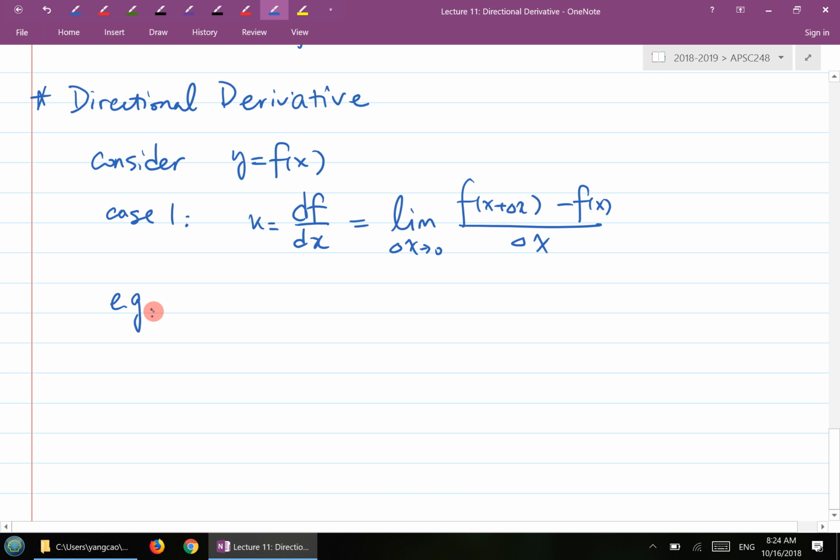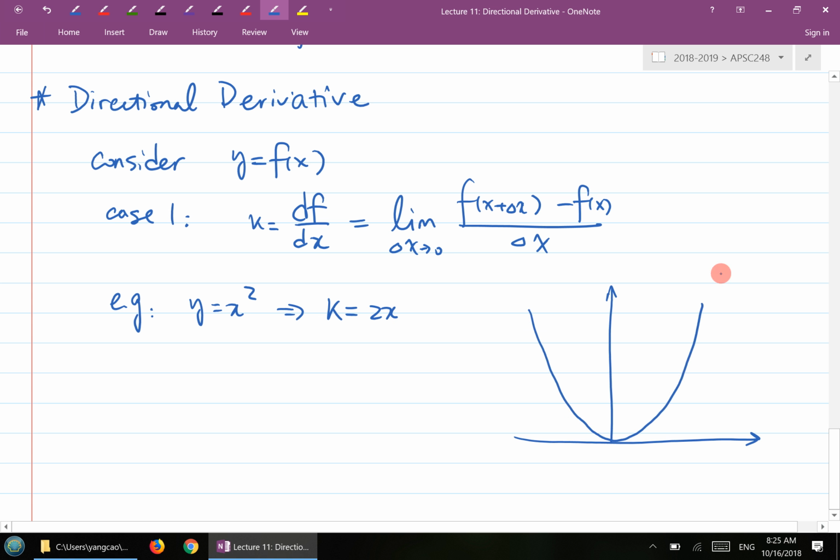So now let me explain this a little bit, but I'm going to explain this from a slightly different perspective. I'll use a function y equal to x squared for illustration. Then that gives us a slope of 2x, as we all know. If I draw this out, here is the function y equal to x squared.